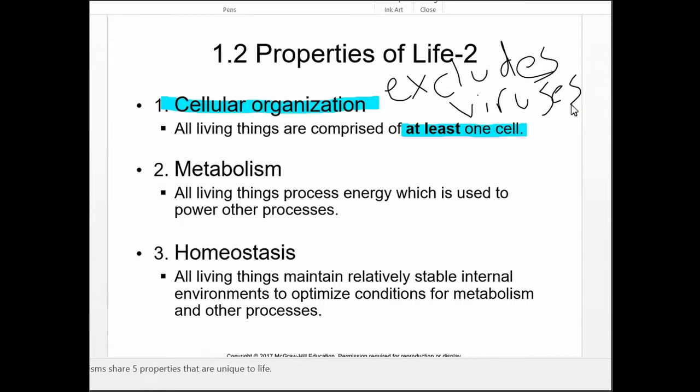The metabolism is important, so that idea that there's energy that's processed and it powers other processes. Now, again, if we look at this individually, we could say, well, my car does that, right? So we need to look at this group of categories together: the cellular organization, the metabolism, and then another category, which is homeostasis, and that is to maintain the internal environment in a very stable way.